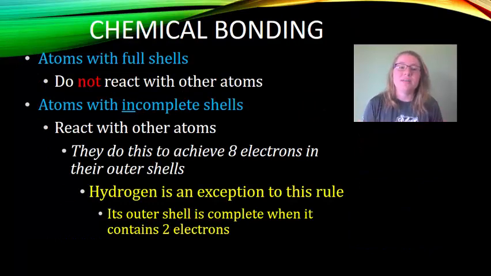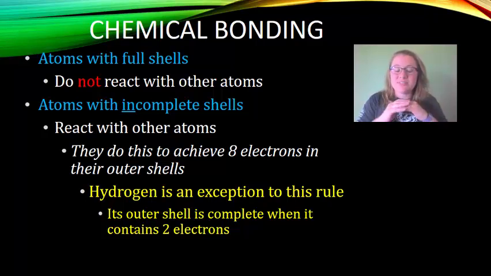So chemical bonding involves those valence electrons, or the outermost shell of electrons. Atoms that have a full outermost shell, which means that they have 8 electrons in the outer layer, are totally happy. They don't want to bond. They're not going to react with any other atoms.